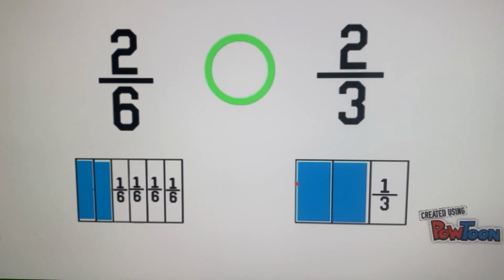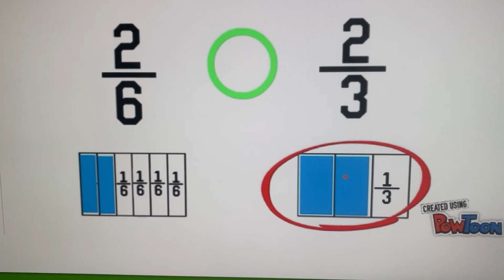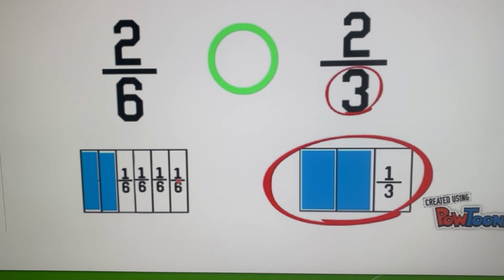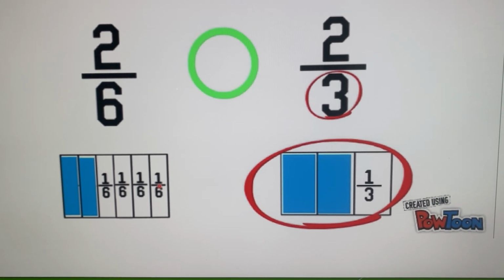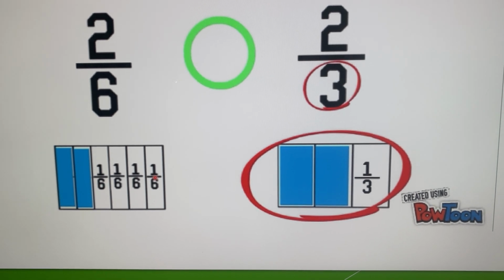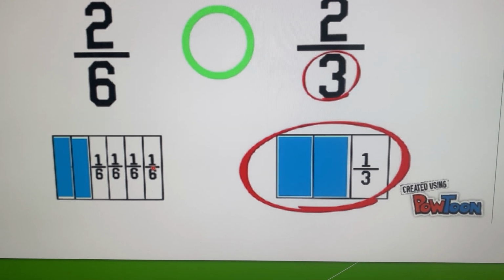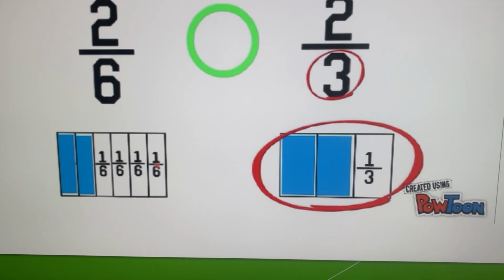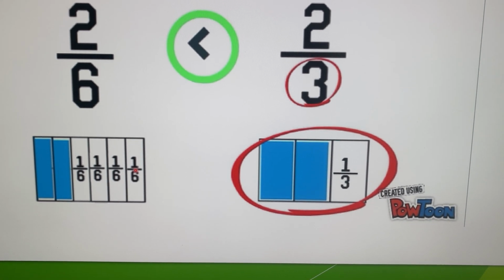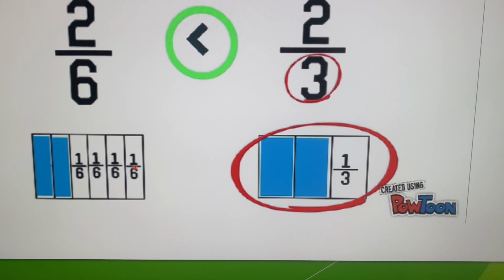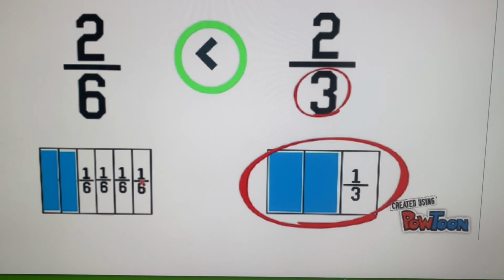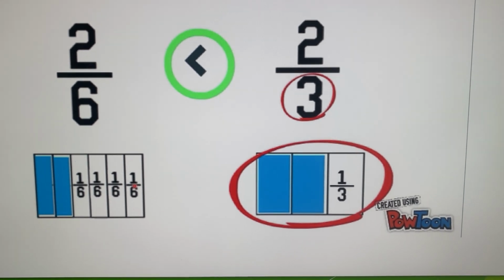Now look, which one is greater? 2/3 is greater. To break it into 6 equal parts, I needed more equal parts, so each part was smaller. So in this case, 2/6 is less than 2/3.